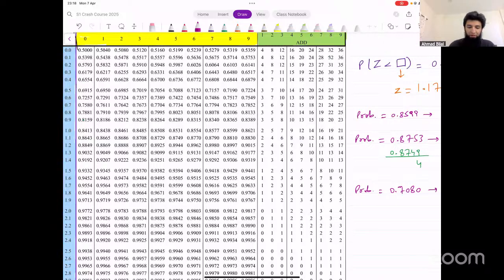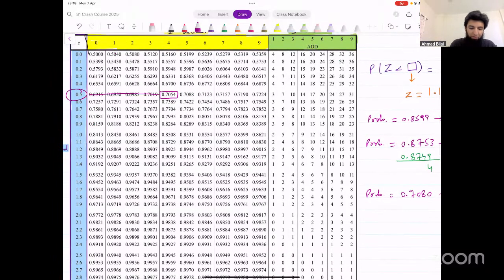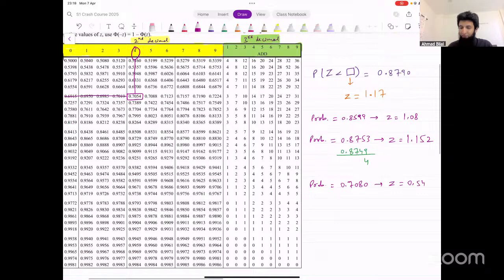Where is 7080? So we have 7054 and 7088. So it has to be between these two numbers. What we do is we take the smaller of the two. Take the smaller number. Now the smaller number, its Z value is 0.54. So it's going to be 0.54 for the first two decimals.